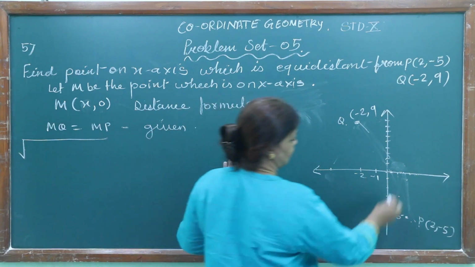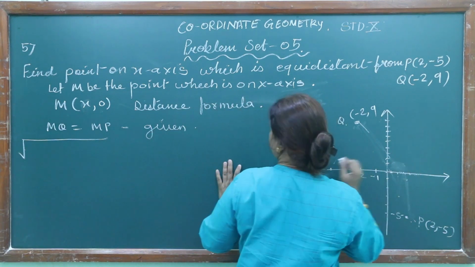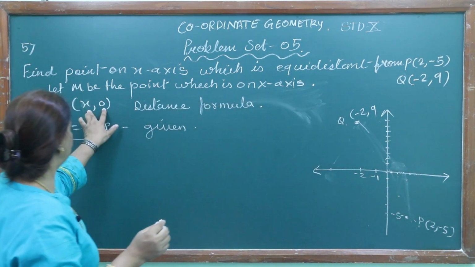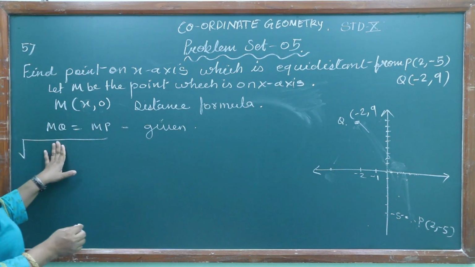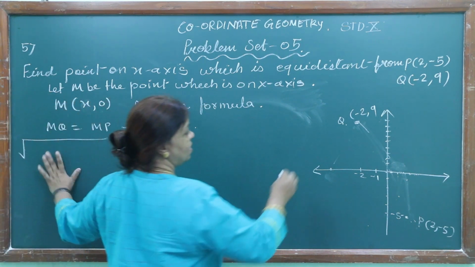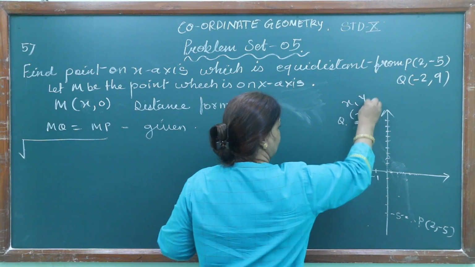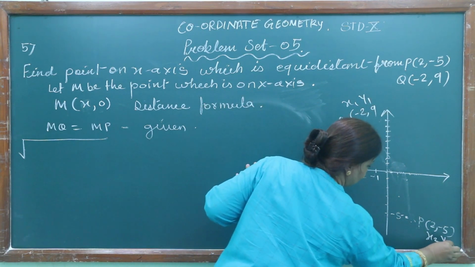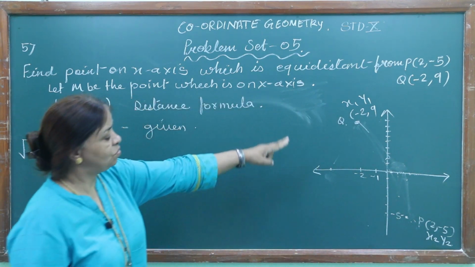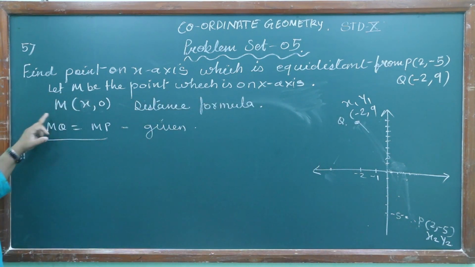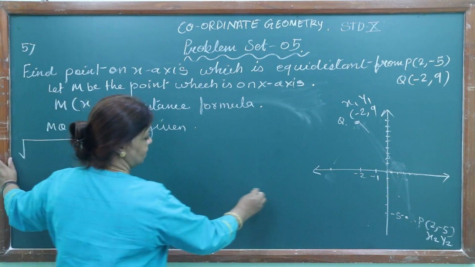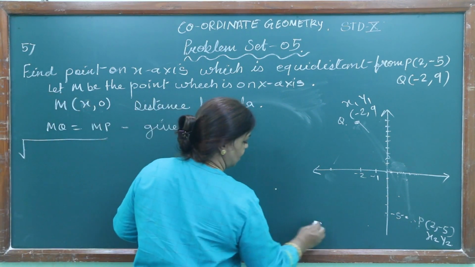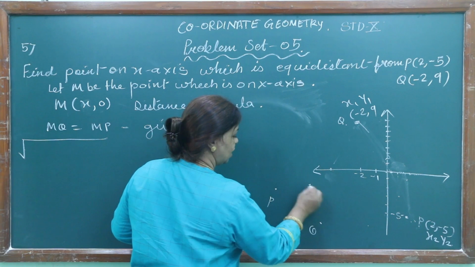Suppose point M is x0, then Q is x1, y1, P is x2, y2, and we need to find out, suppose the points are like this, P and Q, and point M is here.